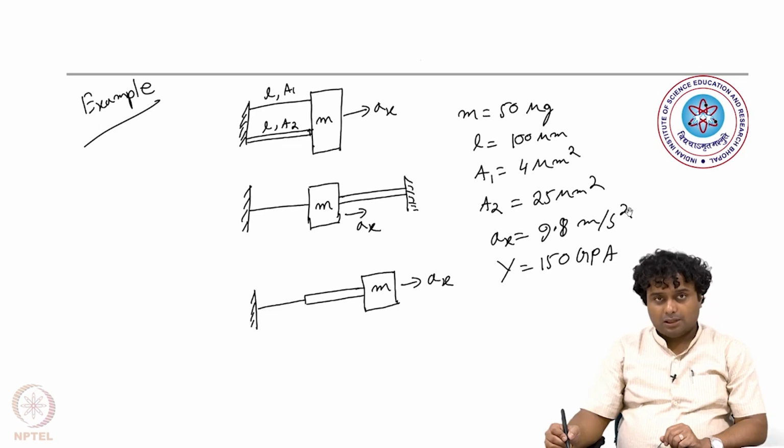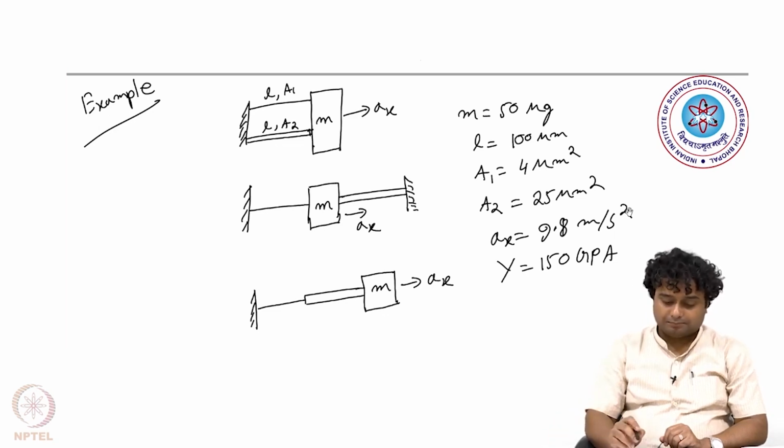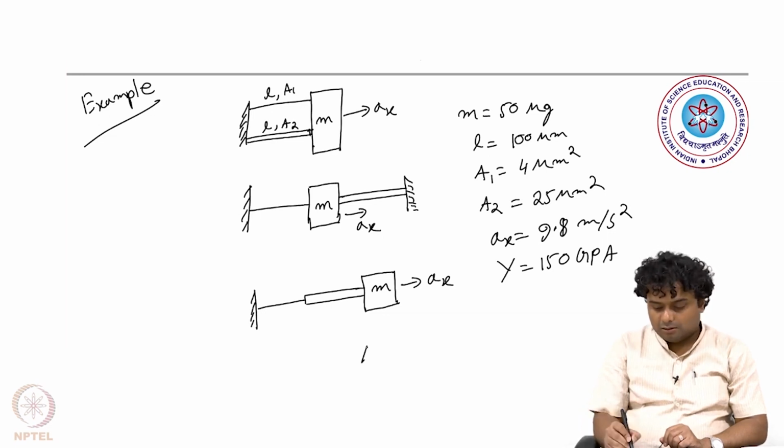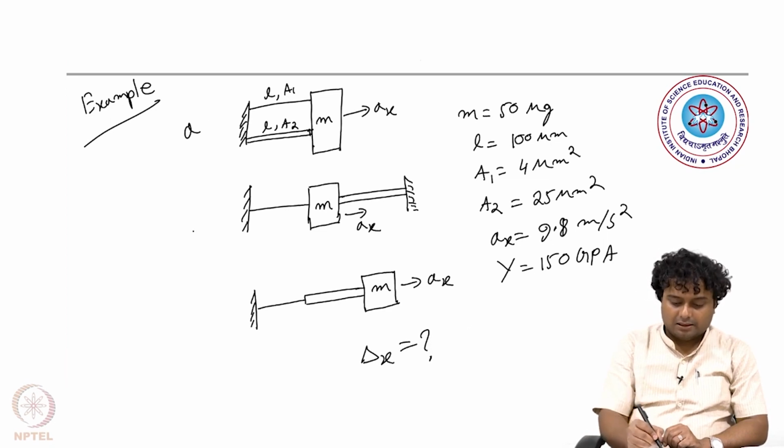We need to calculate the equivalent stiffness constant and also the deflection of the mass. What is delta x for the different cases? Let us say case A, case B and case C.